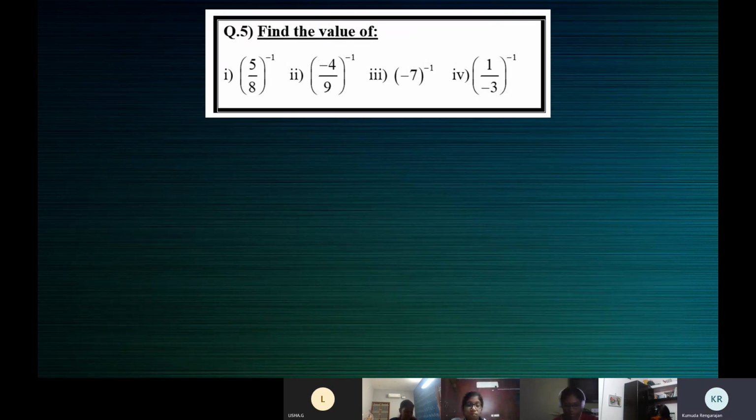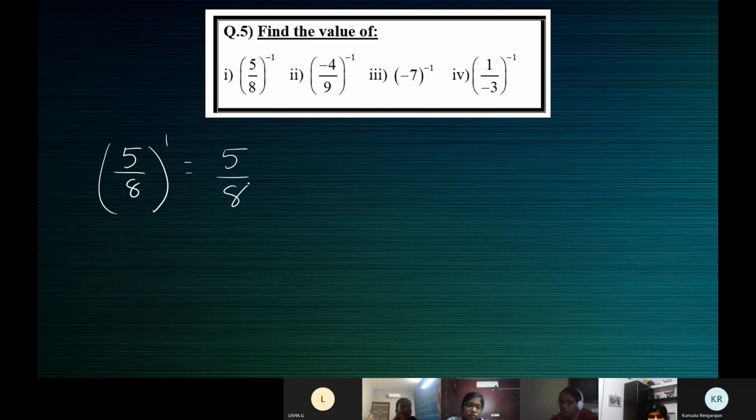Now, you might think this is exponents, but we have a symbolic way of writing the reciprocal. Please listen to this. Now the value of 5 by 8 to the power 1 is 5 by 8 itself.